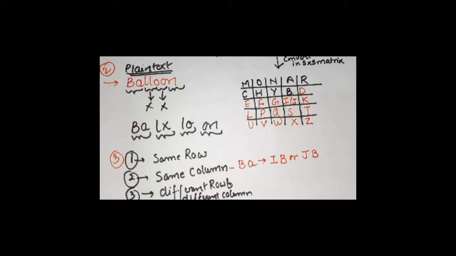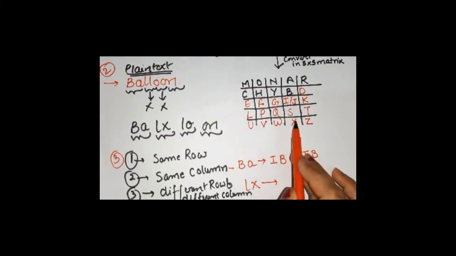Now in this case each plain letter in a pair is replaced by the letter that lies in its own row and the column occupied by the other plain text letter. To be more precise, L and X. Now you need to convert them into ciphertext.